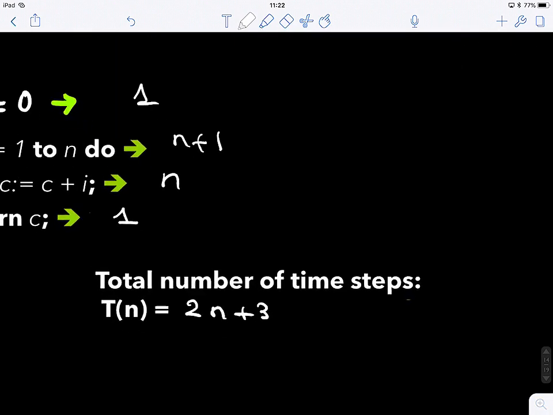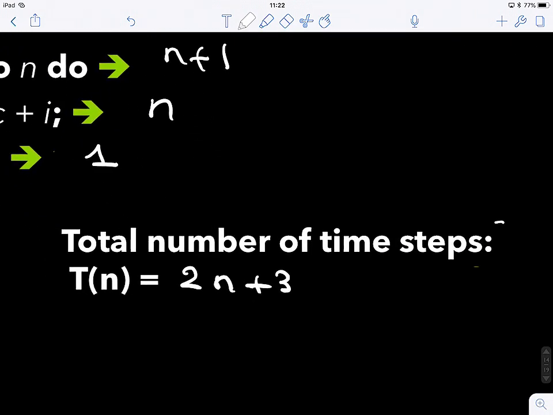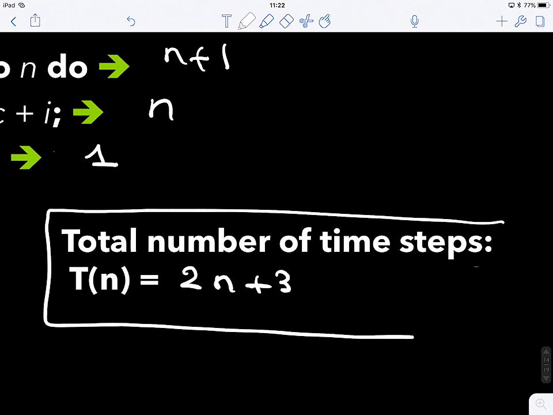And this is what I was talking about. This is how we estimate the time steps of an algorithm. It's in function of n, the size of the input variable, regardless of the computer and the resources you're using. Now, starting from this, we're going to go one step further and see how to analyze this.